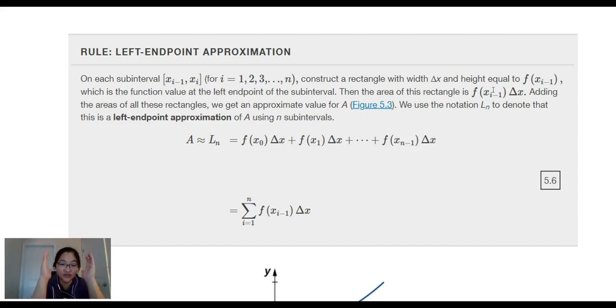On each of the n pieces, we evaluate our function at the left endpoint of the interval. Then we take that f of x output and multiply it by the size of our interval, which is how the x value is changing. When we don't feel like writing all of that out, we can write it with summation notation.